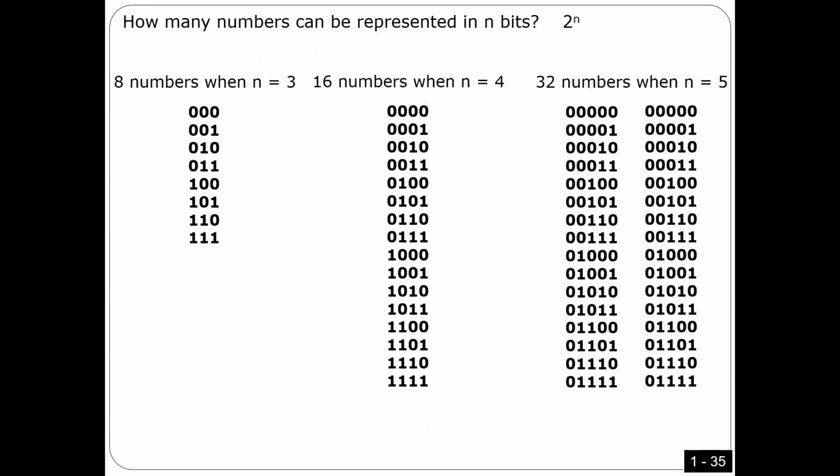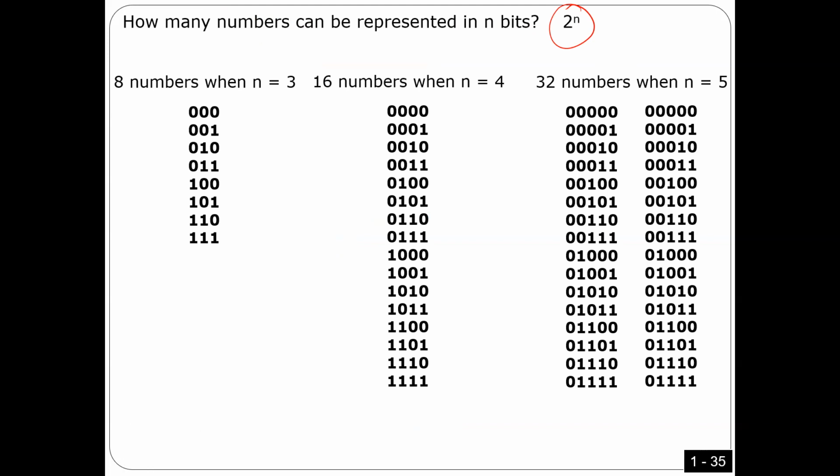Okay. So here, what I want you to know is how many different numbers can be represented in n bits. Okay, the answer is 2 to the power of n. As you see here, if n is 3, how many different combinations can I have? 2 to the power of 3, which is 8.